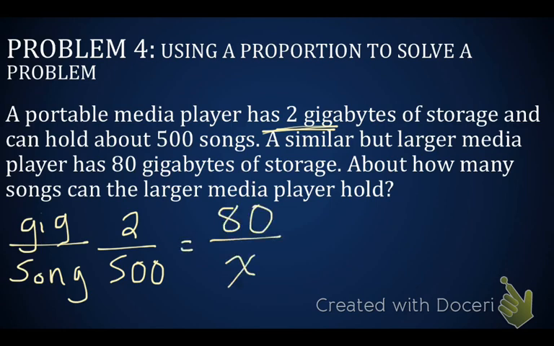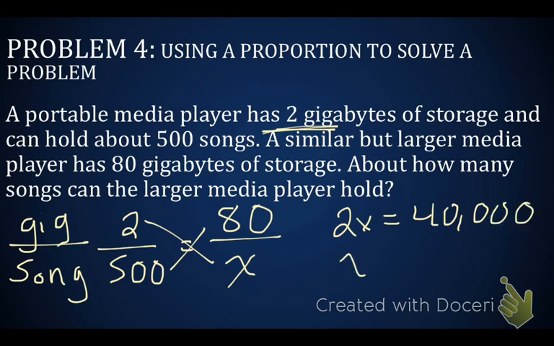So we cross multiply. 2x equals 500 times 80, which is 40,000. x equals 20,000. Should I stop there? No, I need to label it. So 20,000 songs.